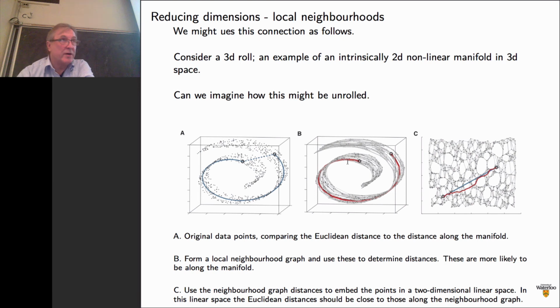If I've got the squared distances for every pair of points, I can get a Gram matrix, pretending those were Euclidean distances. So they're Euclidean distances in some high dimensional space. And then I say, let's do the principal component analysis of that Gram matrix.